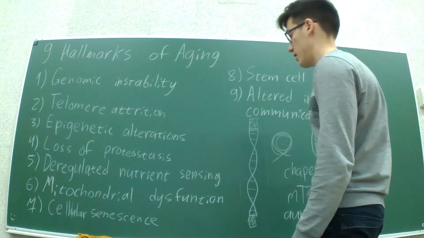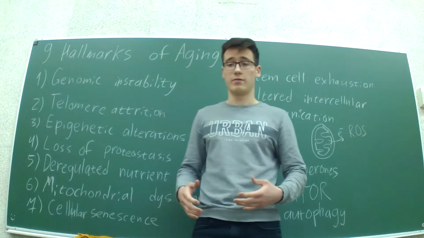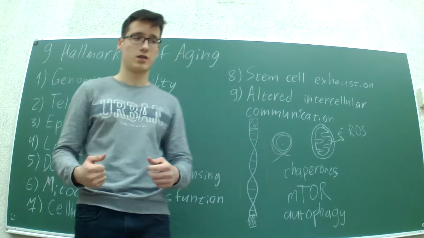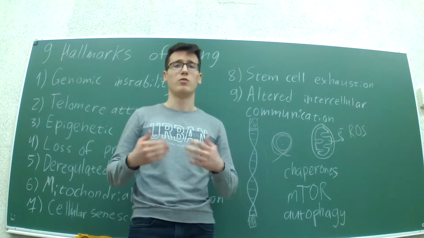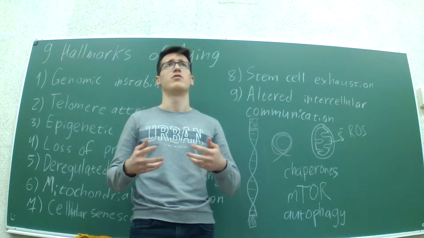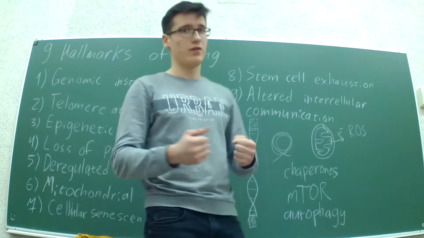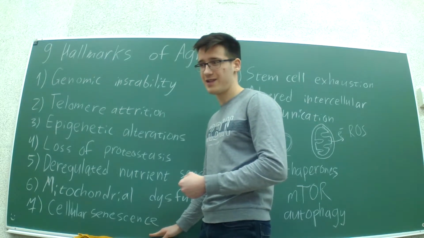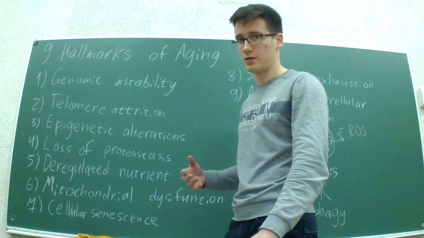Well, actually, cellular senescence is a mechanism of protection from cancer. As individual cells age, more and more mutations accumulate in their genomes, and this increases the probability of them becoming cancerous. So this stop in division is actually a mechanism that prevents the cells from becoming cancerous.